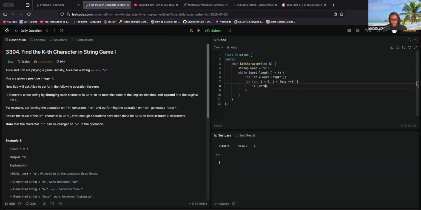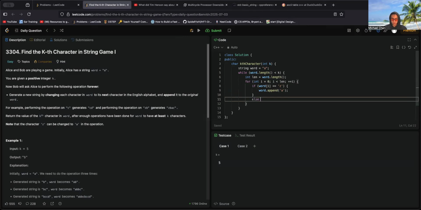If word[i] equals 'z', right, then you just append 'a' instead. That seems like the easiest solution. Else you just append word[i] plus 1.